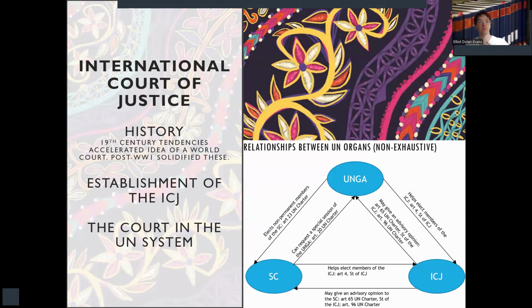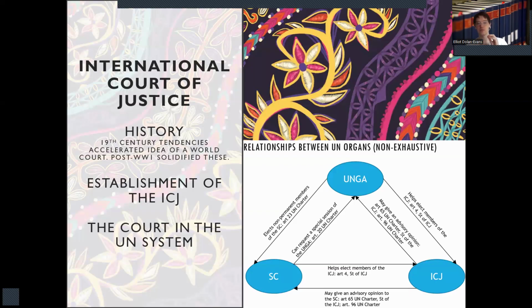And this particular Article 92 is quite important because firstly, it means that the statute of the ICJ as well as the UN Charter are covered by the operation of Article 103 of the United Nations Charter, and that article says that in the event of a conflict between the obligations of the members of the United Nations under the present Charter and their obligations under any other international agreement, their obligations under the present Charter shall prevail.